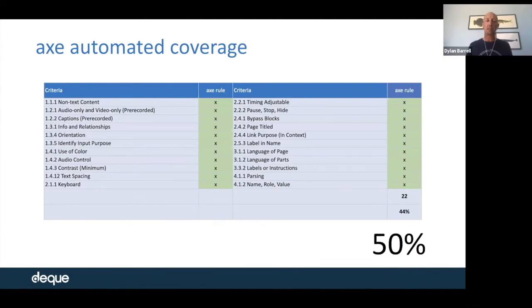By success criteria, we cover 22 of the 50 success criteria, which is 44% covered by automation. So this is a huge payback in terms of effort. You can fix 50% of the issues with about 10% of the effort.